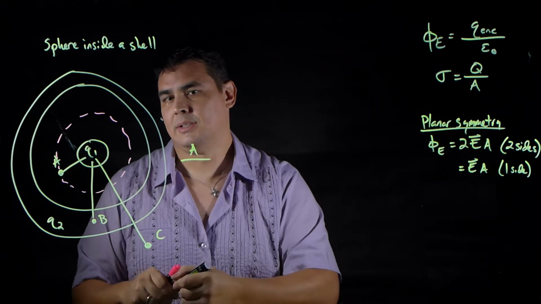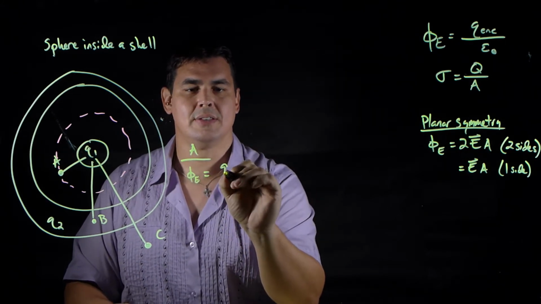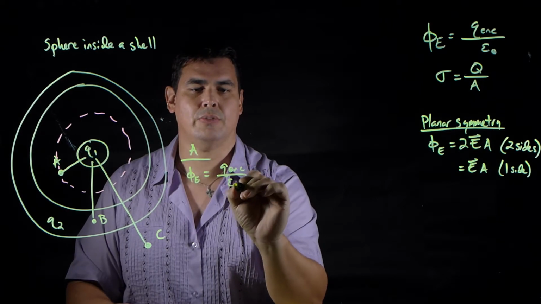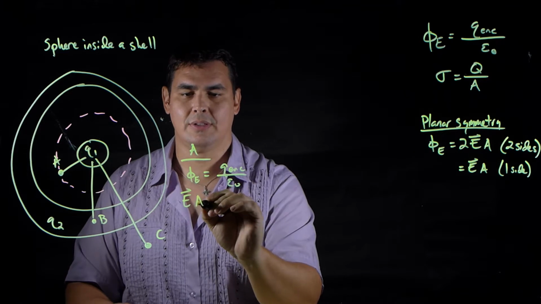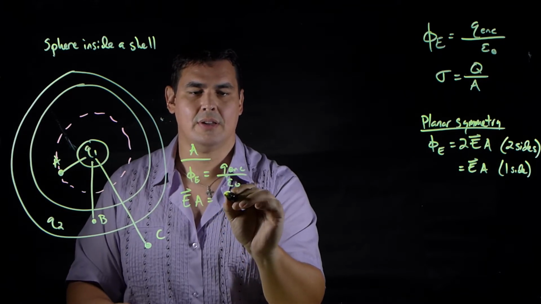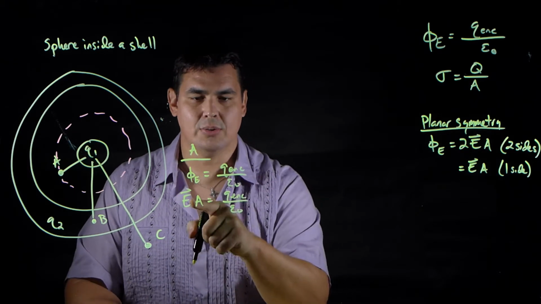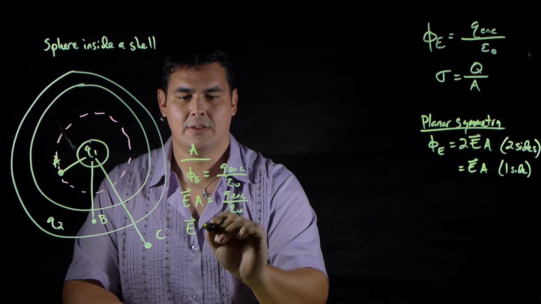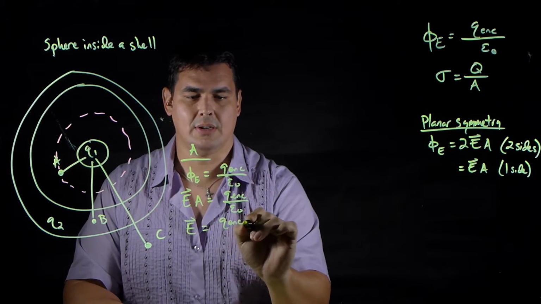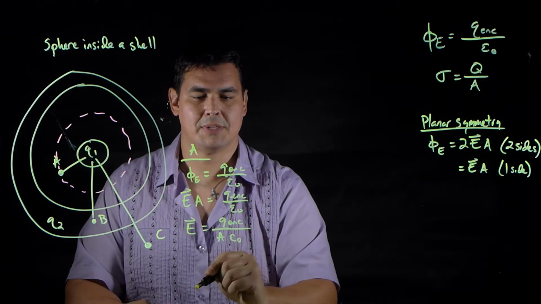So let's write Gauss's law. The electric flux is the enclosed charge over epsilon naught. And this is equal to the electric field times the surface area. All right, so let's solve for E. So E is the enclosed charge over the area times epsilon naught.